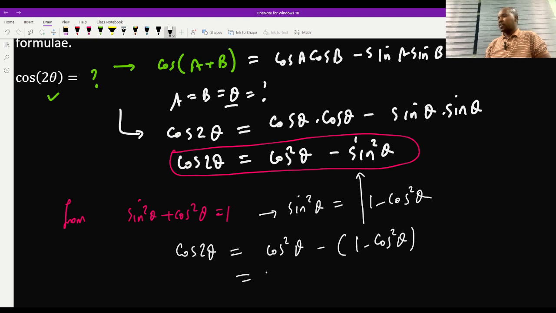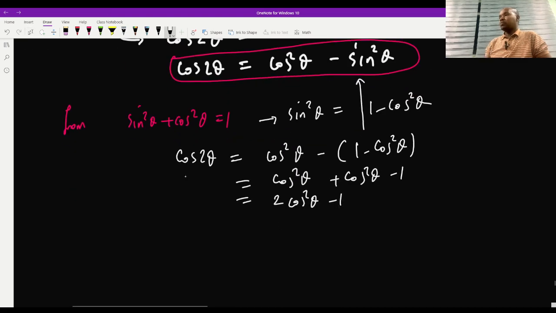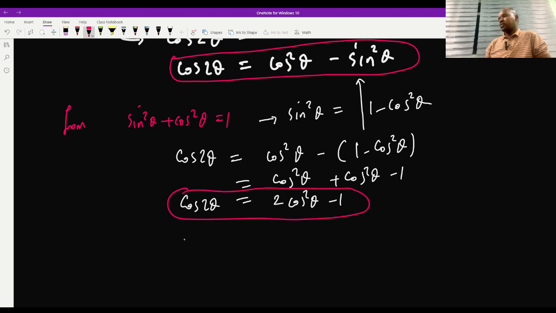When you open the bracket, you'll have cos squared theta again, plus cos squared theta again, minus 1. When you simplify further, we'll have 2 cos squared theta minus 1. So this is another expression corresponding to cosine 2 theta, and that is 2 cos squared theta minus 1.